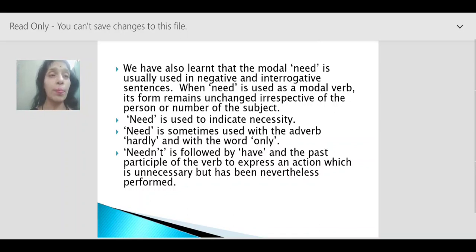Need is sometimes used with the adverb hardly and with the word only. Needn't is followed by have and the past participle of the verb to express an action which is unnecessary but has been nevertheless performed.